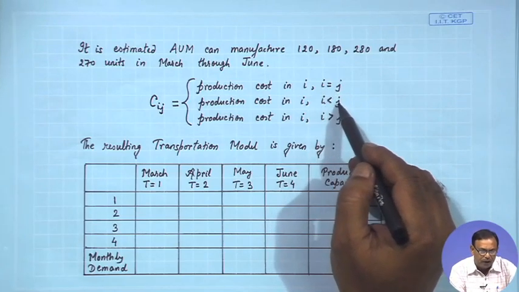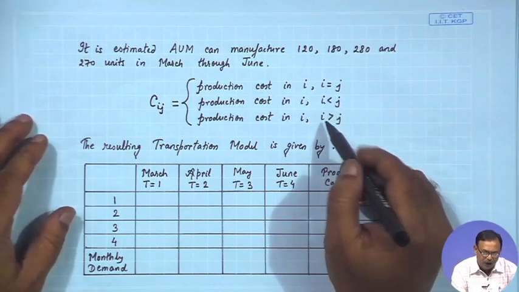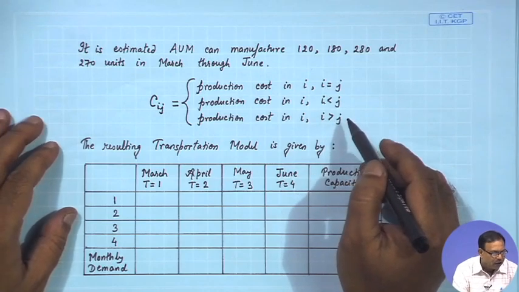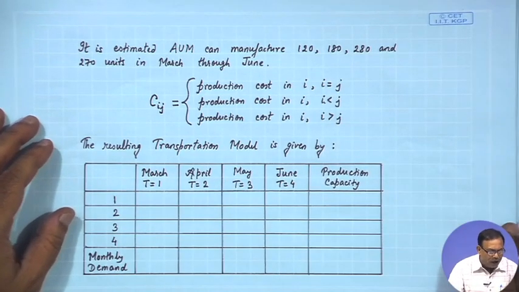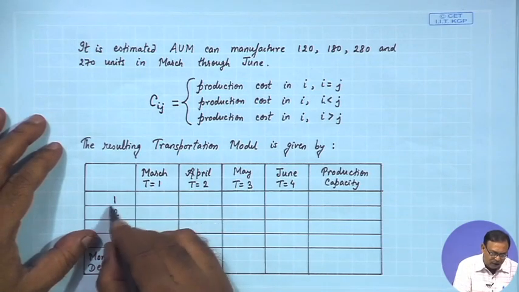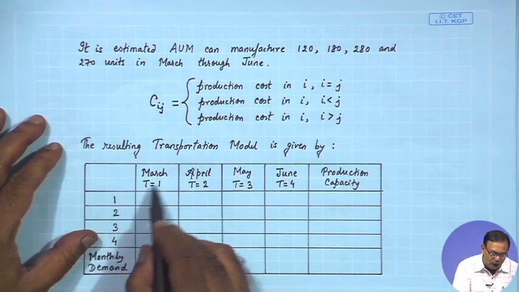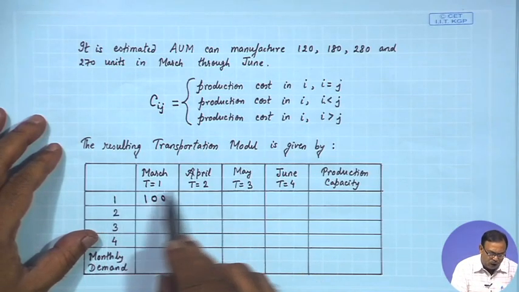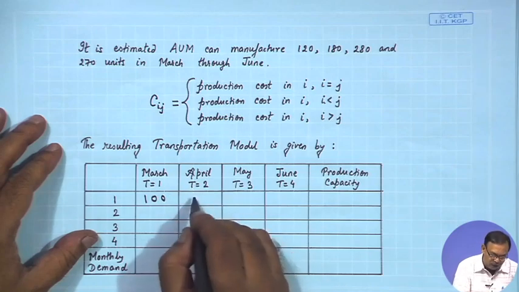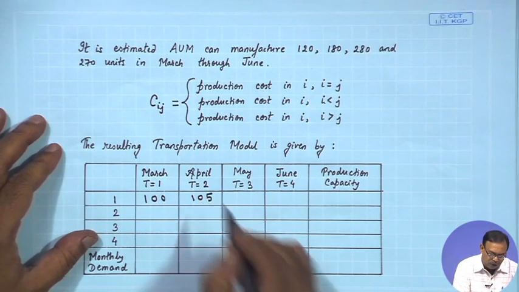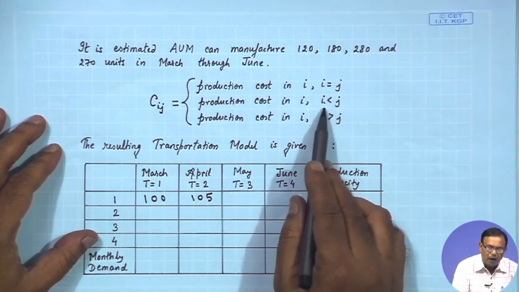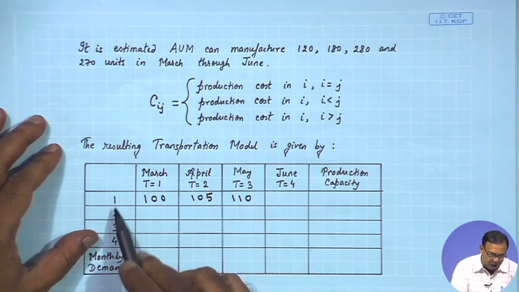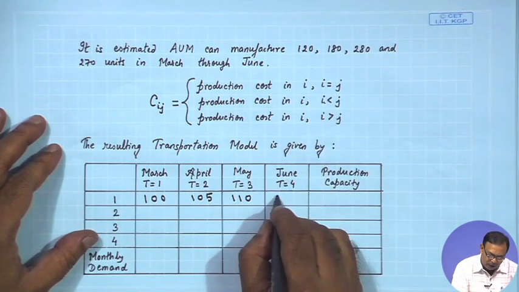If you are not meeting it at the same time, then it will be 105, and whenever i is greater than j, in that case it will be 115. So, what will happen? From 1 to 1, here i equals j, so it will be 100. Whenever 1 and 2, i is less than j, so there will be an increase of 5 rupees, so it will be 105. Again 1 3, i is less than j, so it is 110. Then 1 4, i is less than j, so therefore it will be 115.